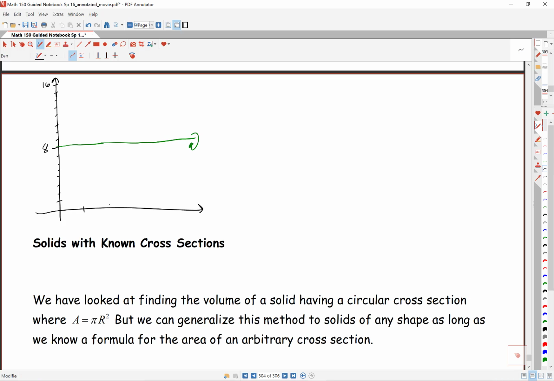So x. So we're going to have an ordered pair at 2, 8, at 1, 2, and 0, 0. Oops, blue.